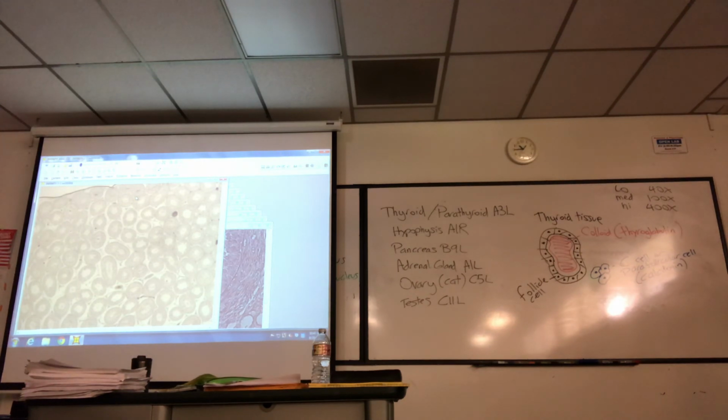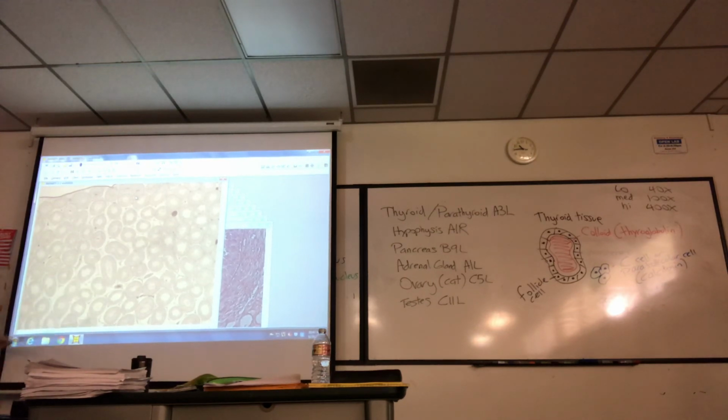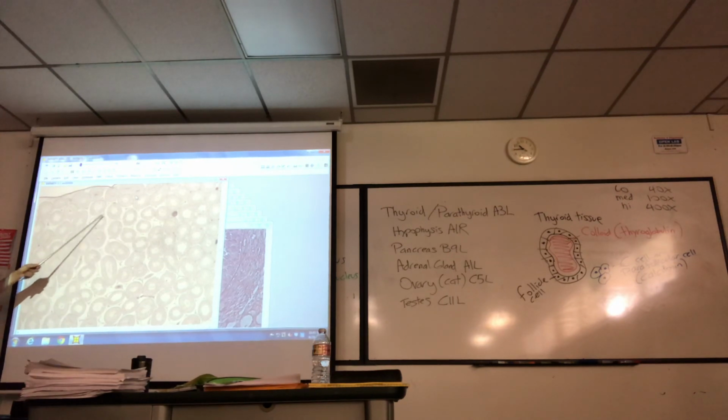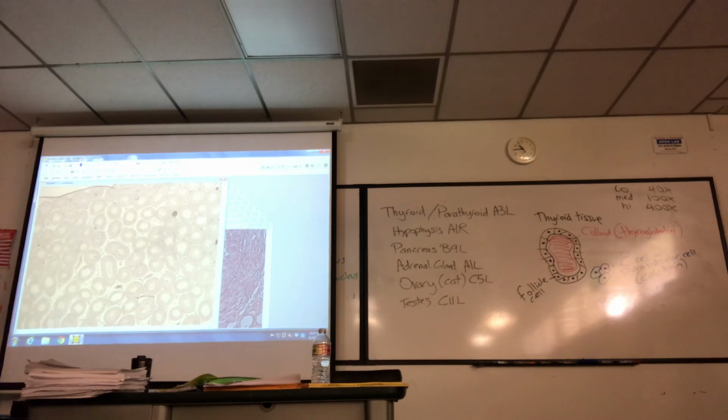With a low magnification, I'll show you what I see. I see some blood vessels here, here, and here. All the black stuff are red blood cells. That's how they stain on this slide. The thing I want you to identify are the interstitial cells. See them all in between the seminiferous tubules? Here's a tube. All the cells around it are the cells that secrete testosterone.